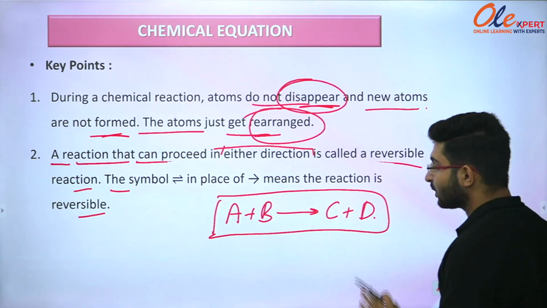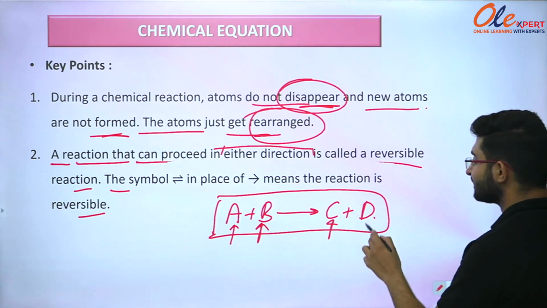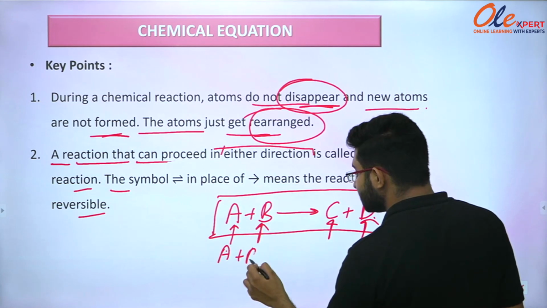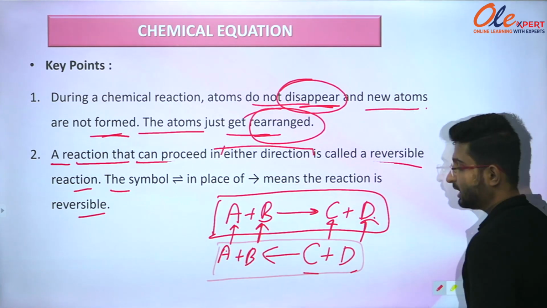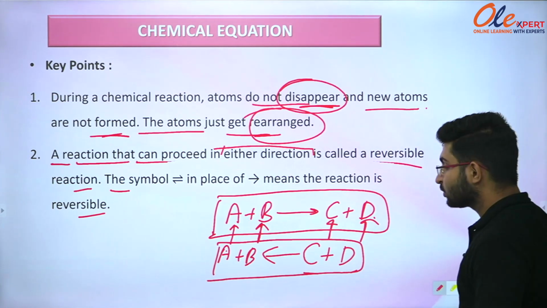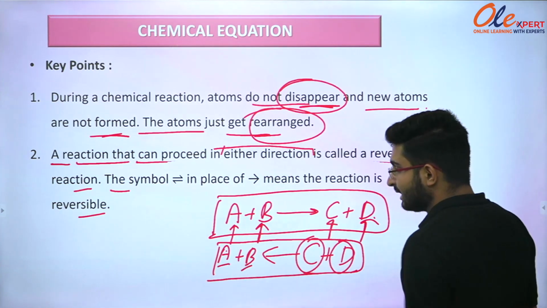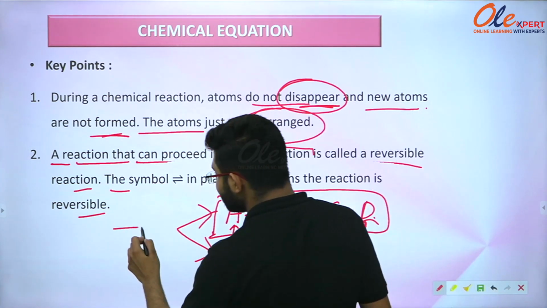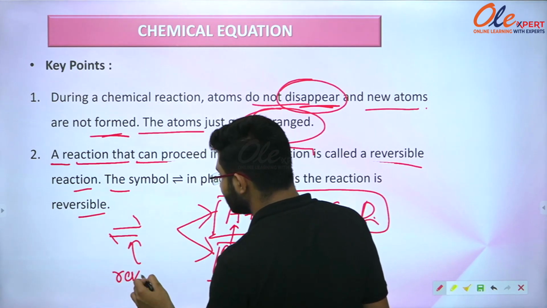That is, when A reacts with B, it produces C plus D. If I write A plus B is produced when C reacts with D, it means it is a backward directed equation. So when C and D react with each other, they produce A plus B. But for both cases, we use a sign, and this sign is of a reversible equation.